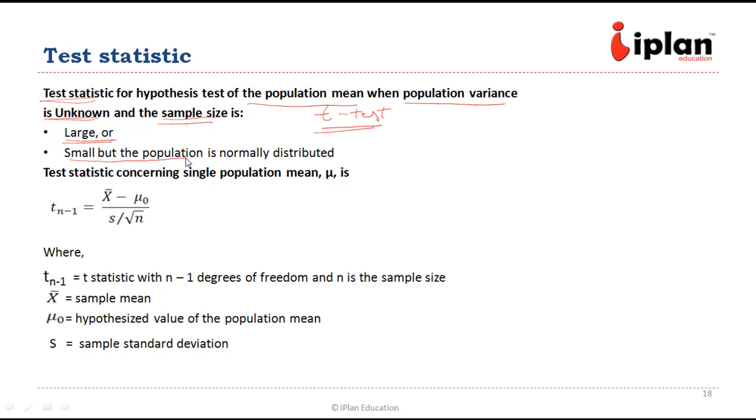Or if the sample size is small, then the population should be normally distributed. One of these conditions has to be satisfied. If the population is not normally distributed and the sample size is also very small, less than 30, in that case we will not be able to conduct the test.